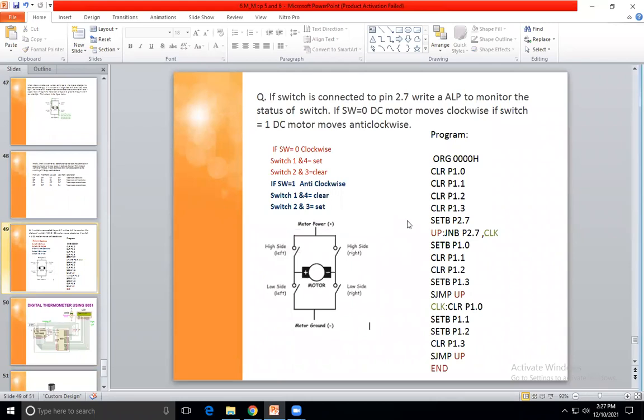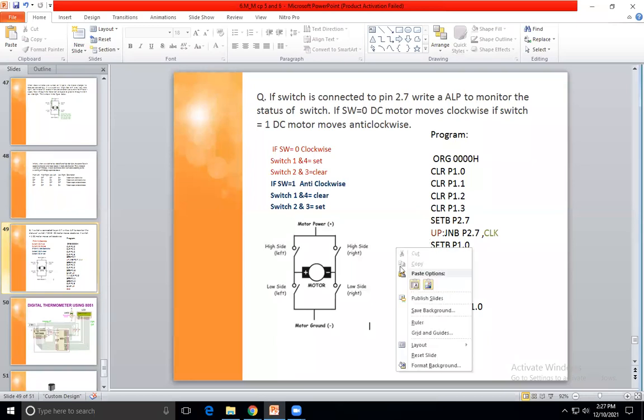See, by using this H-bridge, we have to write this program. There is one switch. I'm not drawing the switch. By using that switch, you have to turn the motor on and off.